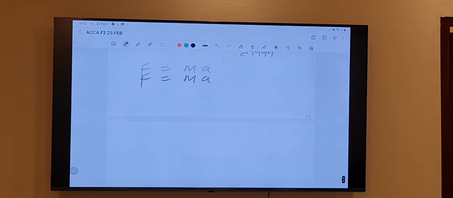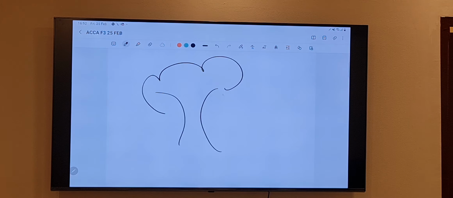You know what happened? A small story. There is an apple tree. This is the apple, according to my drawing skills. And this man sitting here, who is this guy? Mr. Isaac Newton. I will write the name, otherwise you won't know.